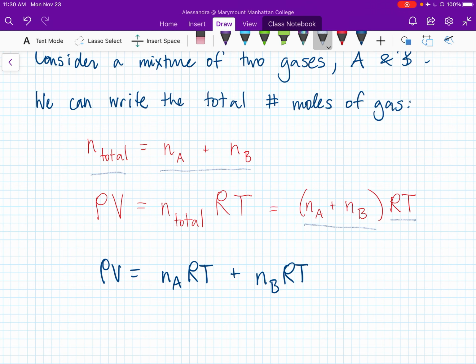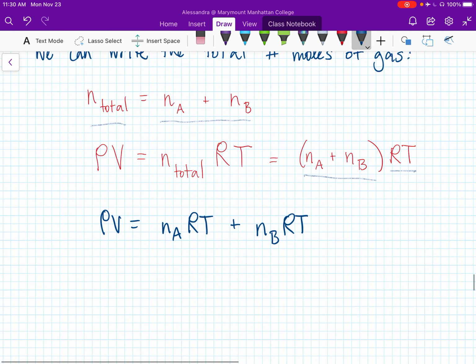I get that just by taking this RT and distributing it through the NA and NB terms here. So from there, if I divide both sides by the volume, I can see that I'm going to get a pressure for gas A that's going to be equal to the number of moles of gas A times RT over the volume of the container.